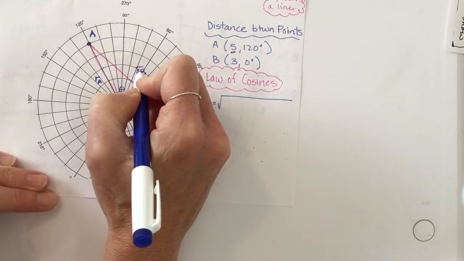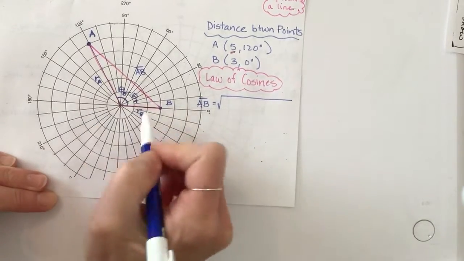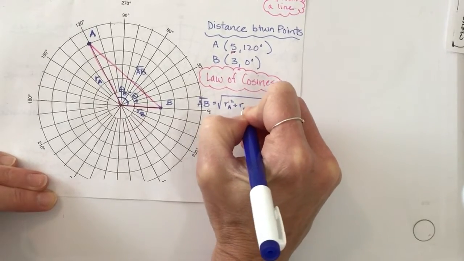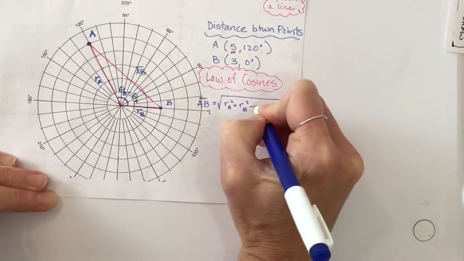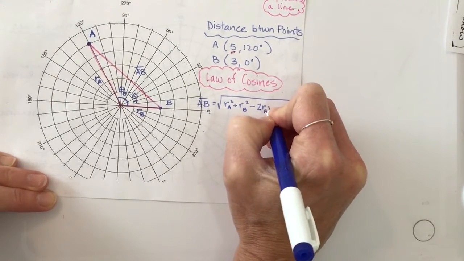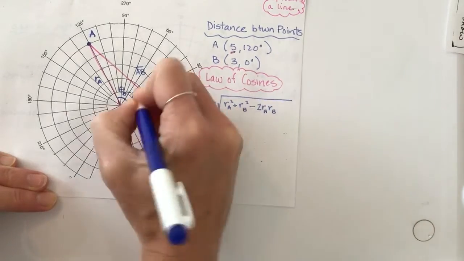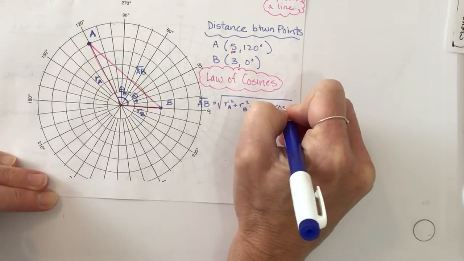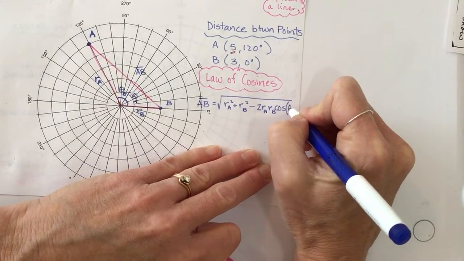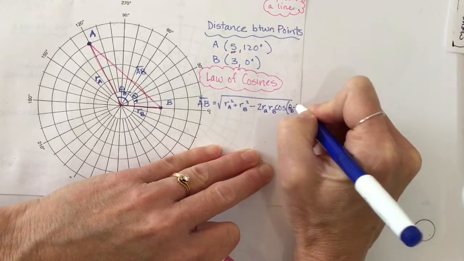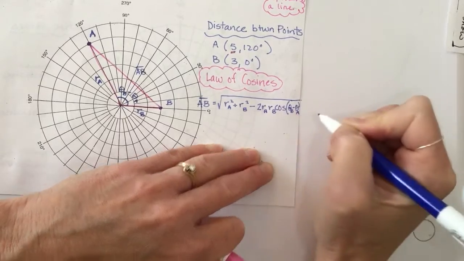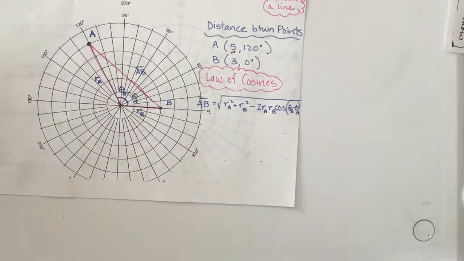Remember, this side squared is equal to the sum of these two sides squared, r sub A squared plus r sub B squared, minus 2ab cosine C. Remember that? 2 r sub A r sub B cosine C, and the cosine is going to be cosine of theta B minus theta A. Sorry about this. Oh, we just fit it. I can't quite fit my parenthesis, but you get the right idea.